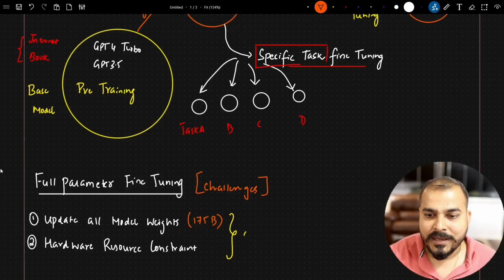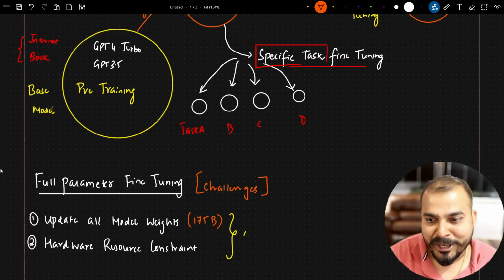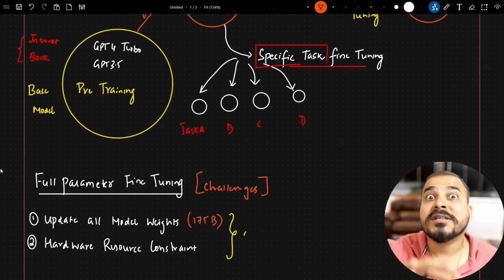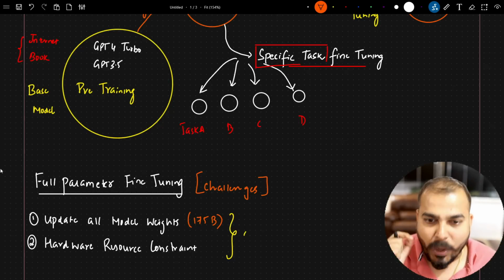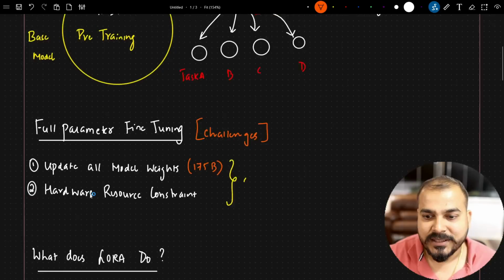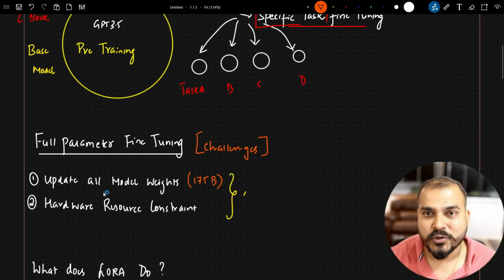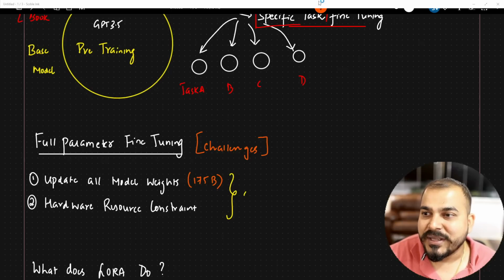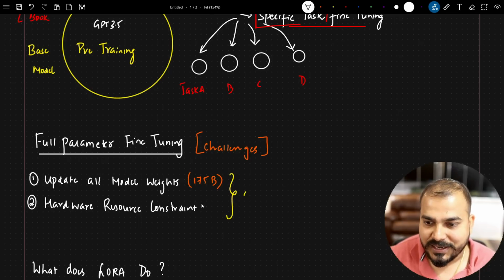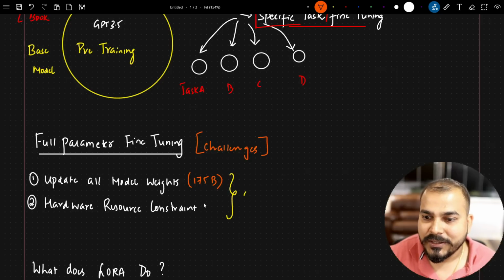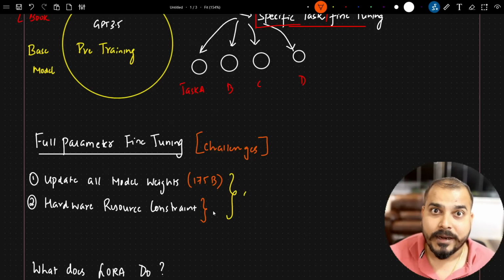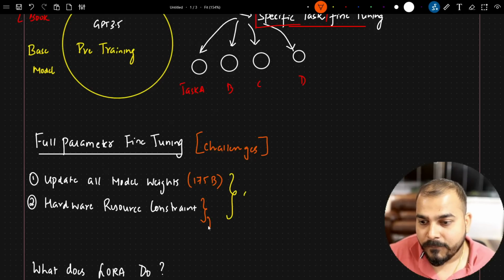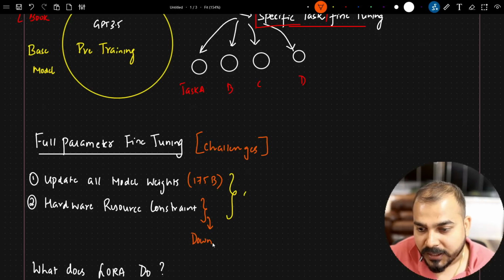Now, when I say updating all the model weights, and we talk about this many parameters, why can it be a challenge? Because there will be hardware resource constraints, right? With respect to different tasks, if I want to use this model, that much RAM I require for inferencing, that much GPU I require. So for downstream tasks, it becomes very difficult.